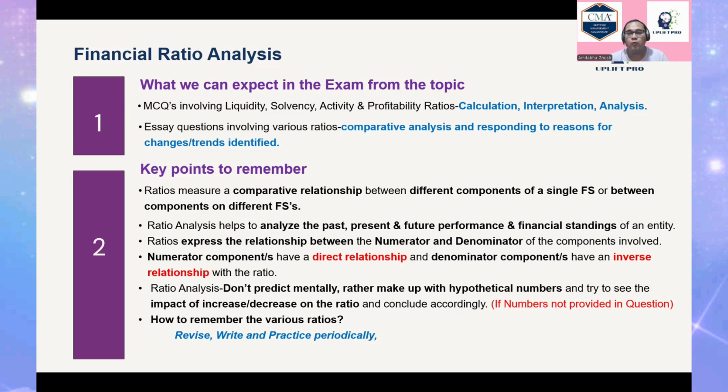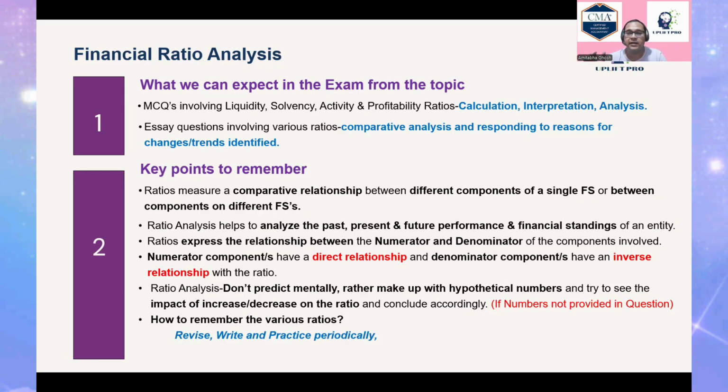But here, first of all, what are the important points that we should remember from the financial ratio analysis? The first thing, in terms of understanding a ratio, ratios always measure a comparative relationship between different components of a single FS or between components on different financial statements. So this is very important, what has been highlighted in bold.